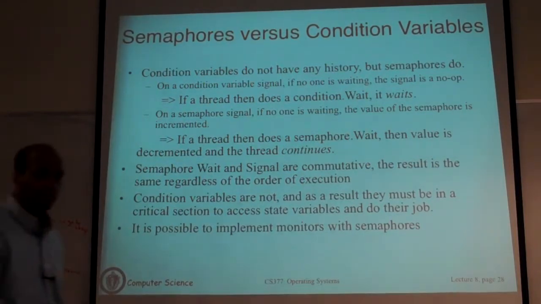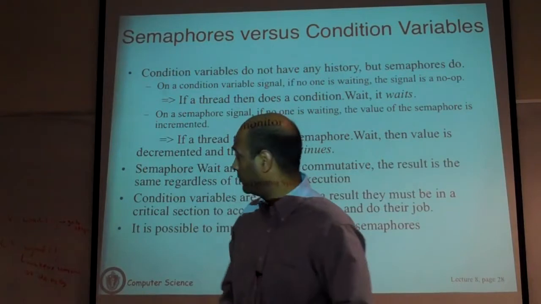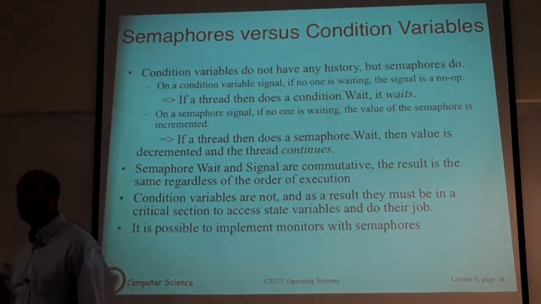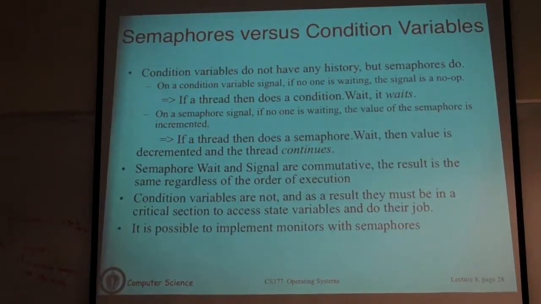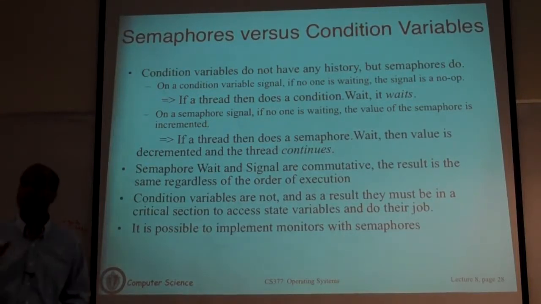I'm going to claim that the two are not exactly the same. They are similar but not the same. I'll explain what the difference is. I will make the following observation: semaphores have the notion of a state, and condition variables don't. What do I mean by that?